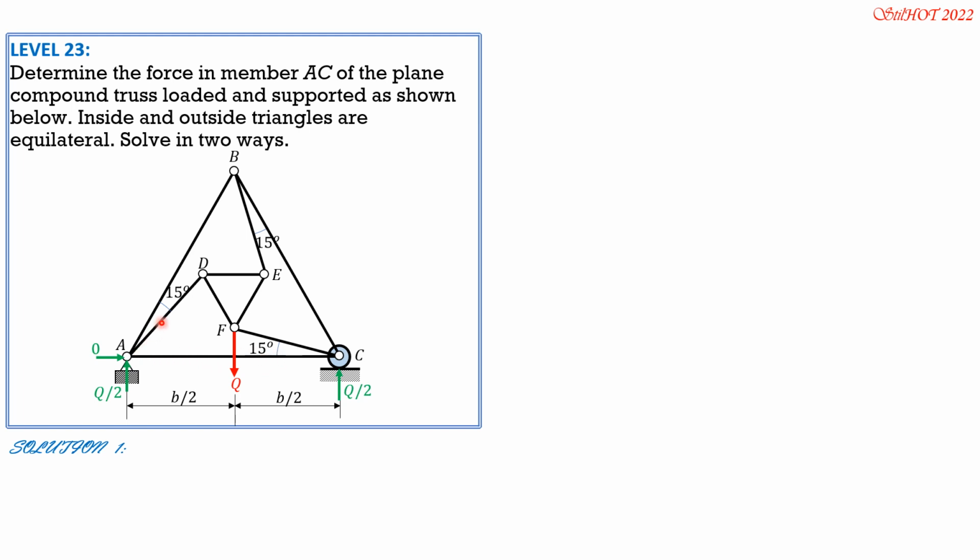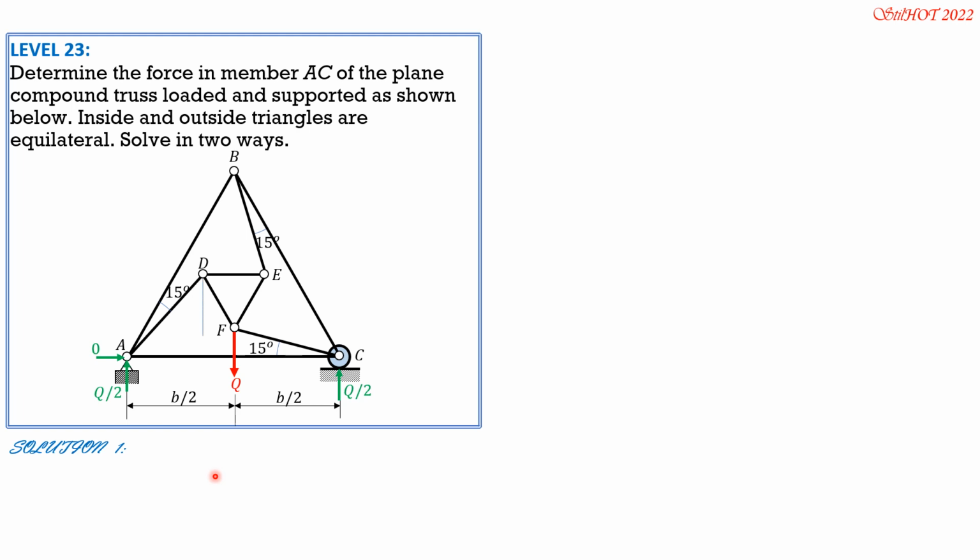So what is important is we must solve FAD first. We cannot solve the force in FAC directly because in each joint here there are three member forces and there are only two equations of equilibrium.